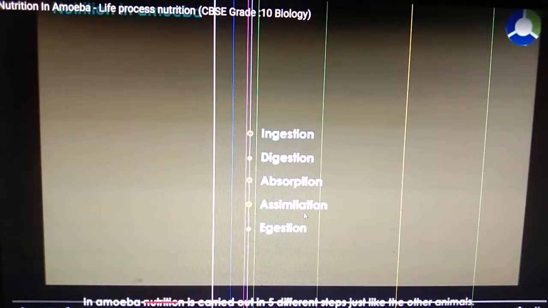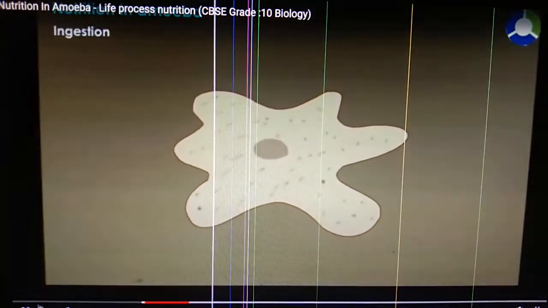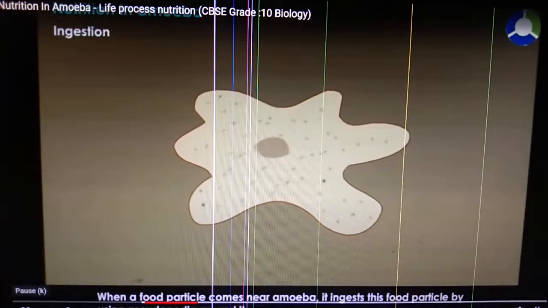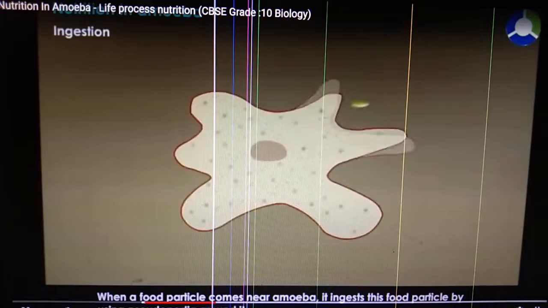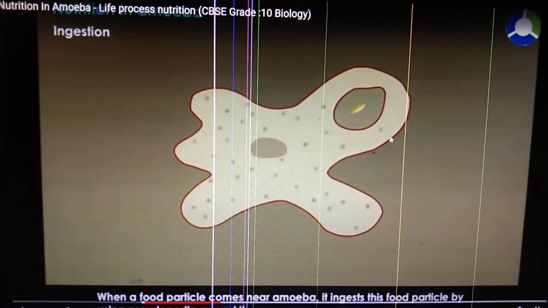Let us understand all this by taking the example of nutrition in amoeba. First, in the process of ingestion, amoeba forms a finger-like projection called pseudopodia. In this pseudopodia, amoeba captures the food.